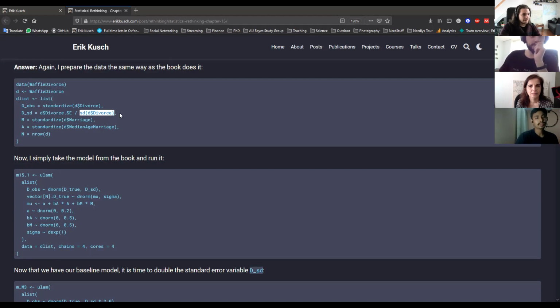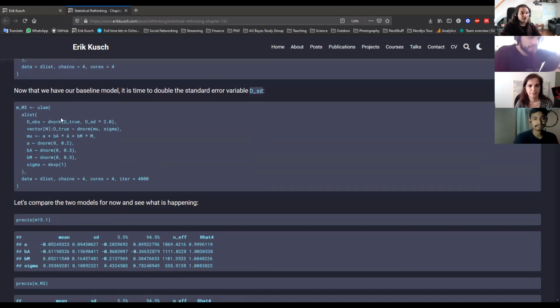You have a distribution of things per state, and you're trying to explain the standard error of observed divorce rates per state, and make that comparable across all of our states by dividing by the standard deviation of all of the observed divorces, so that they're all comparable to one another. That makes sense? Yeah. Cool.